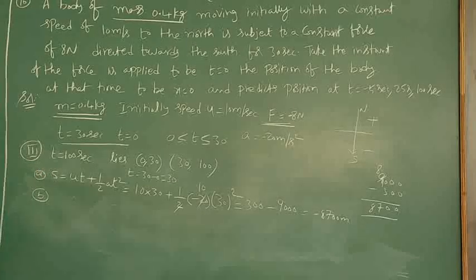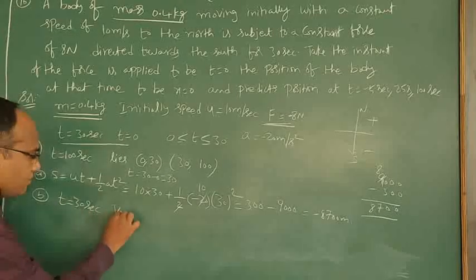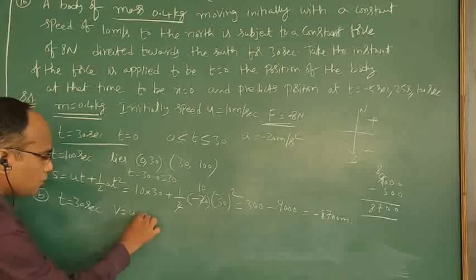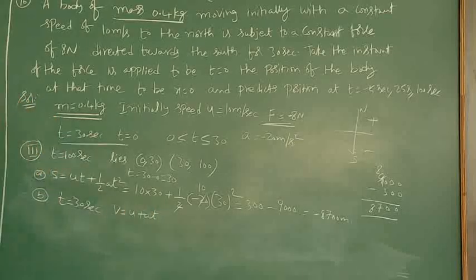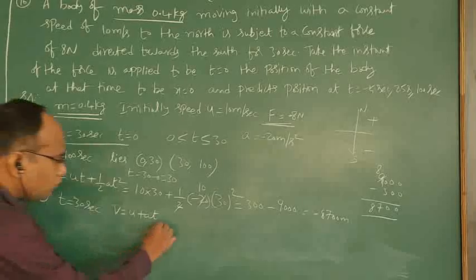For the second bit, what are we going to do? Let us do at t is equal to 30 seconds. What is the final velocity? V is equal to u plus at. So what is the value we got?